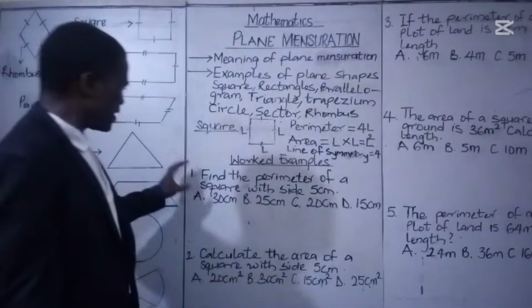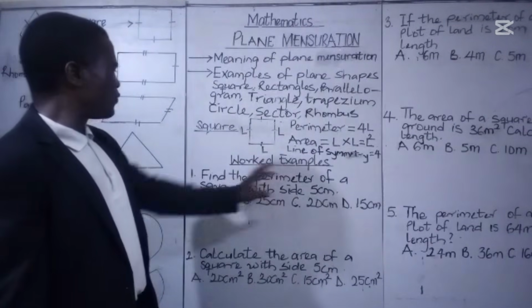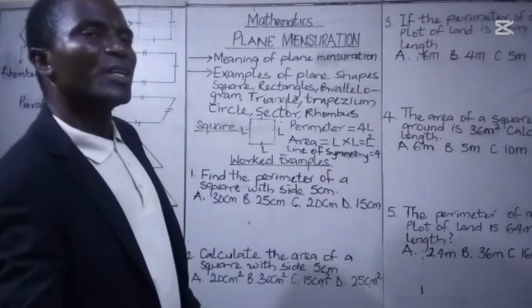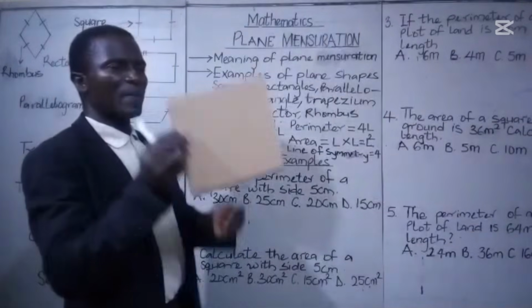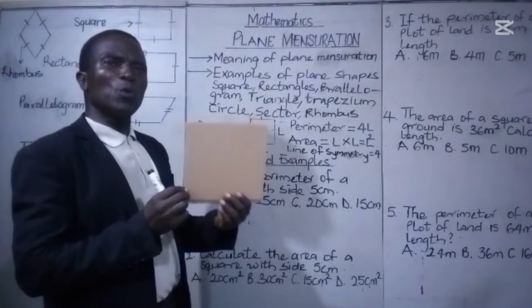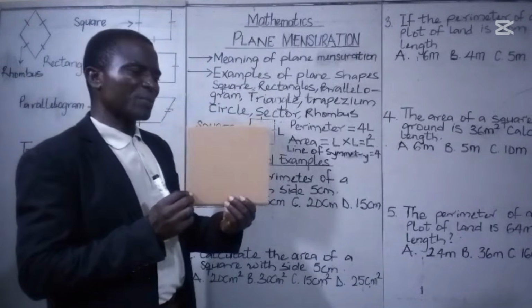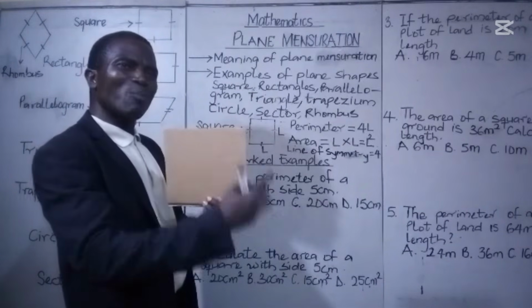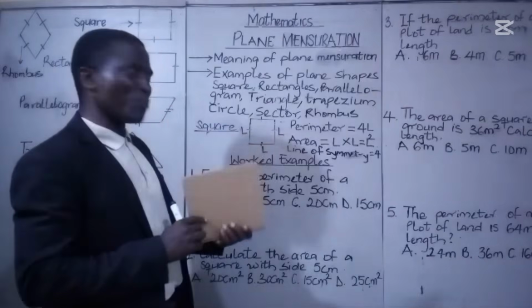Now let us consider some worked examples. Worked example 1 says, find the perimeter of a square with side 5 cm. This is a square and it has 5 cm. How do we know the perimeter of this square? It's just for us to measure around. One of the sides multiplied by 4 gives us the perimeter.